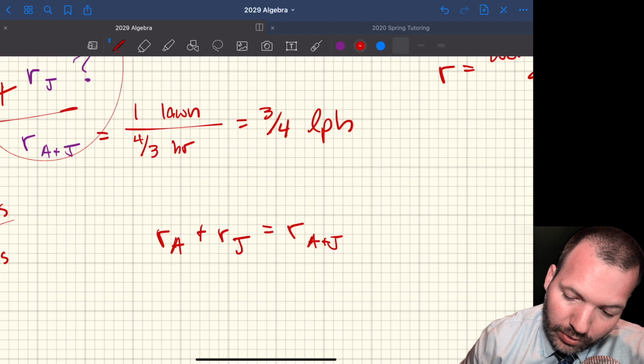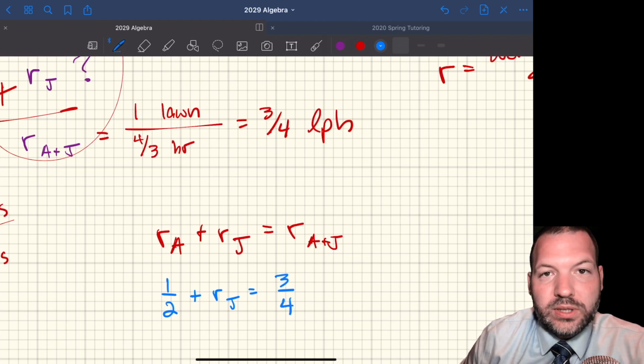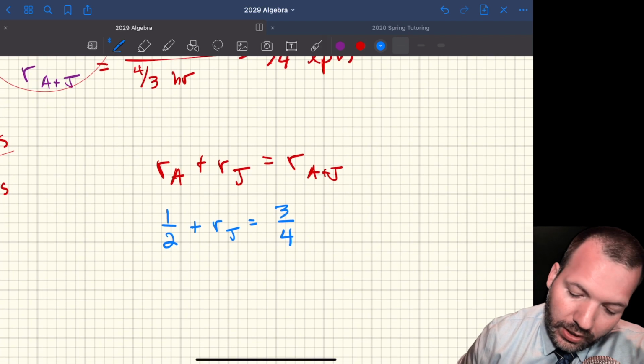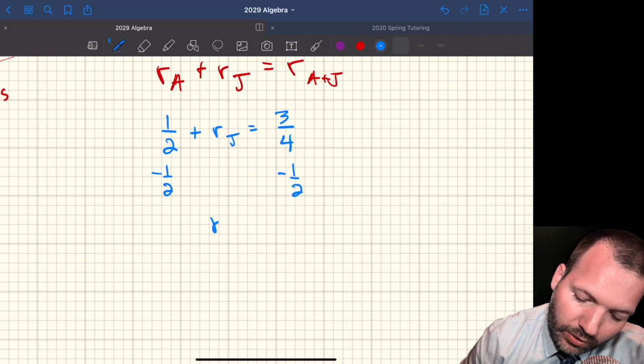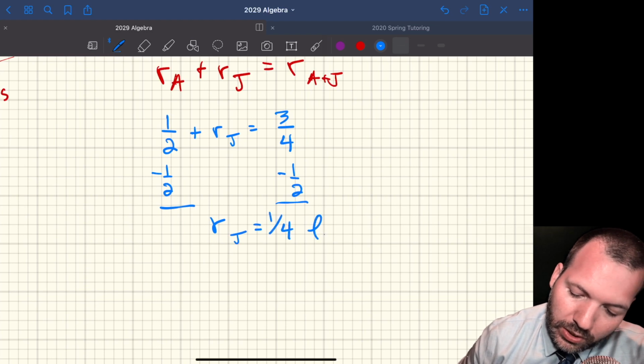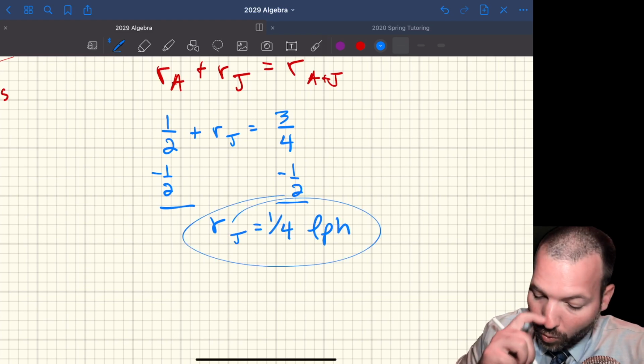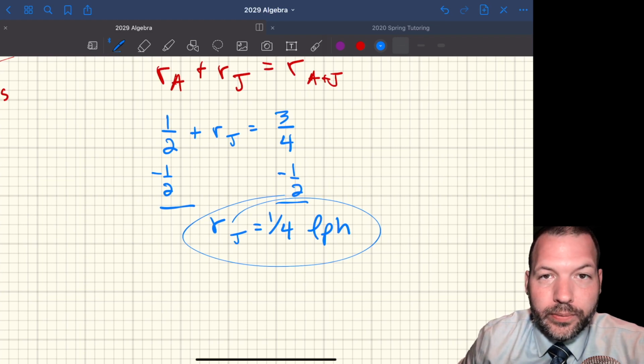And so Abby's rate, again, we figured out was half a lawn per hour. We don't know Jamal's rate, but when they worked together, it was 3/4 of a lawn in an hour. And so if we subtract the 1/2, subtract the 1/2, we get that Jamal, all by himself, must be completing 1/4 of a lawn per hour.